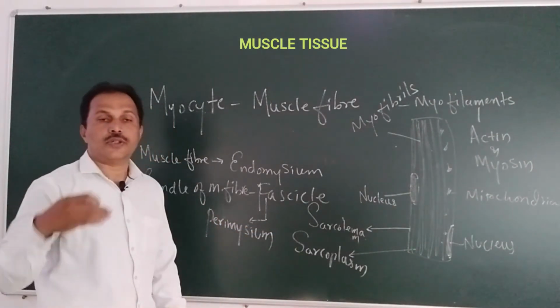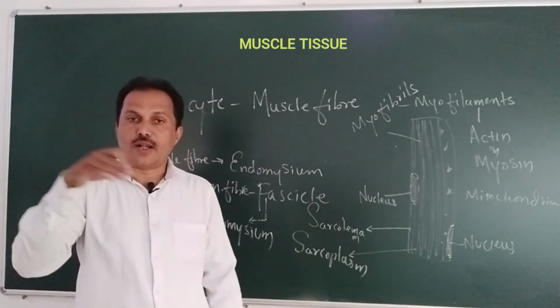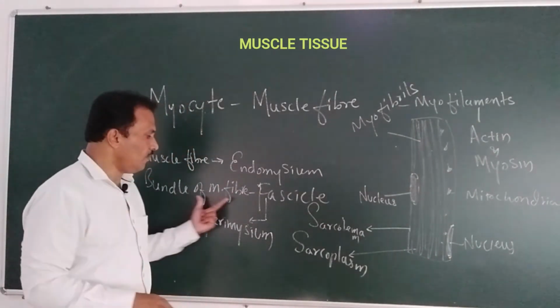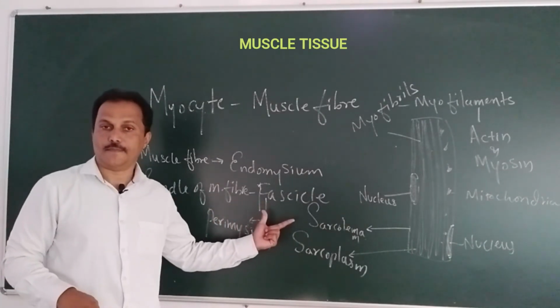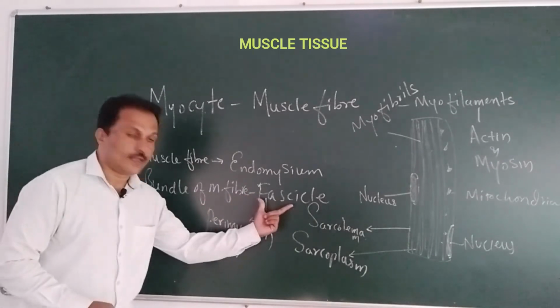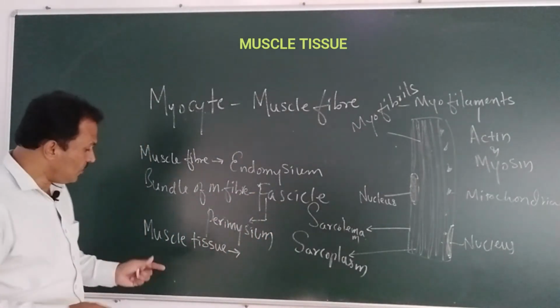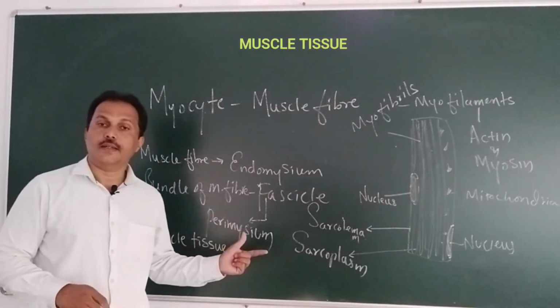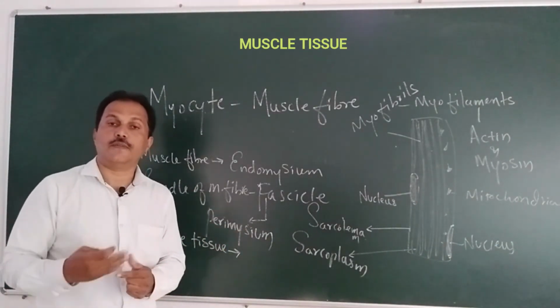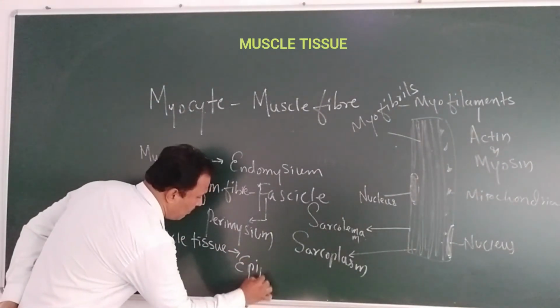It is again a layer of connective tissue surrounding the bundle of muscle fibers, or fascicle. And these bundles of fascicles again form a muscle tissue, and this muscle is covered by a sheath of connective tissue known as epimysium.